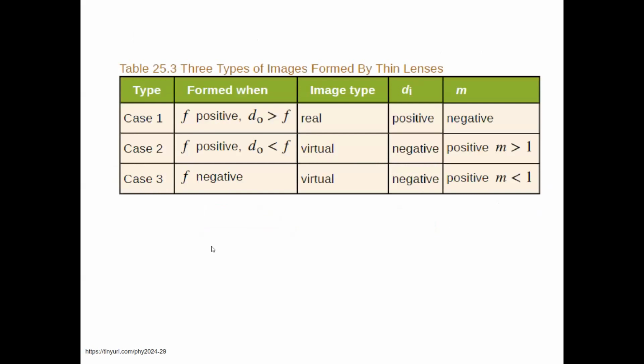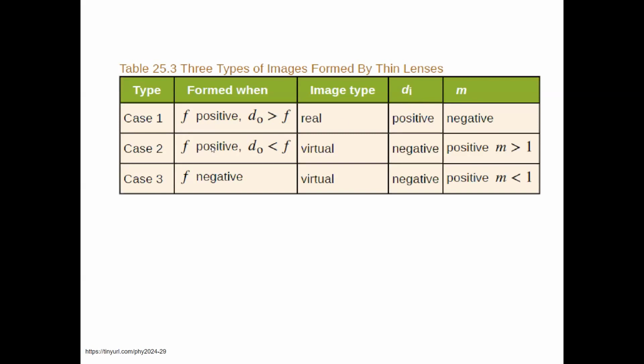All right. So this is a summary table of the image formed by lenses. Case one: if the focal length is positive, that refers to a convergent lens. If the distance of the object, DO, is greater than the focal length, then it's a real image, with DI positive and M negative. DI is on the same side as DO, so it's positive.